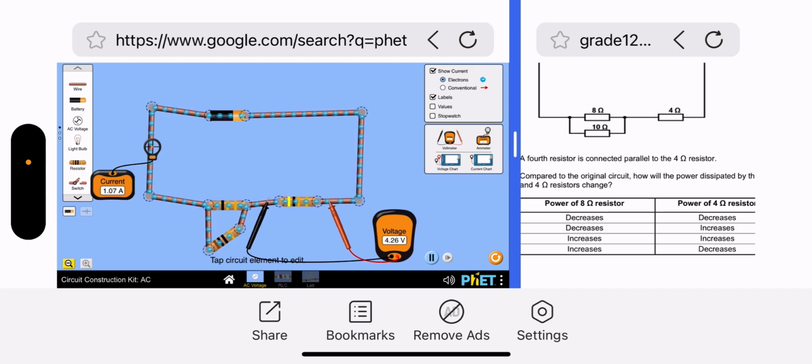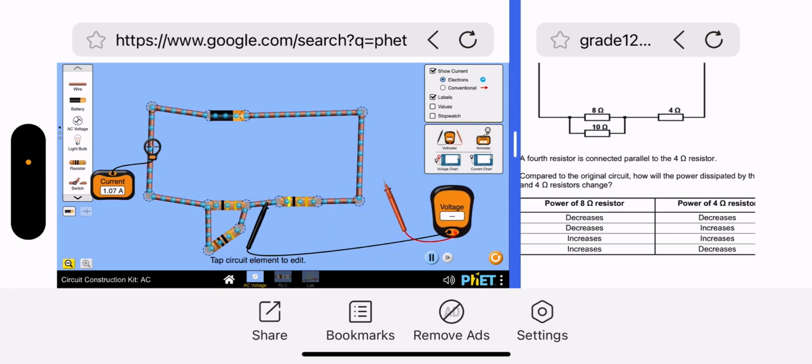What happens if we just add a 4th resistor parallel to the 4 ohm resistor? Let me just put this to the side. Okay, let's add another wire so that we can have a parallel connection. Another wire there.